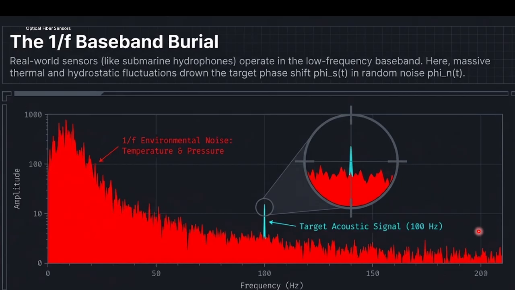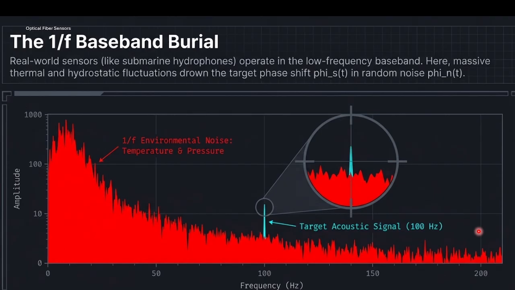Then the next thing is the 1/f baseband burial. Real world sensors like submarine hydrophones operate in the low frequency baseband. Here massive thermal and hydrostatic fluctuations drown the target phase shift with respect to time in random noise.